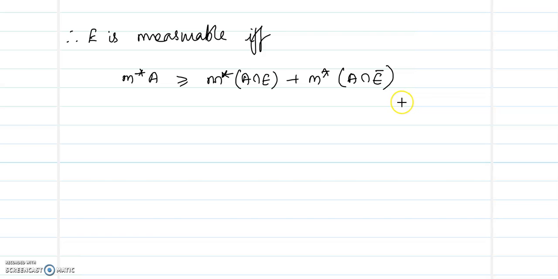This is also a definition of measurability because the other way it is always true. This is the definition of measurability for the set E.